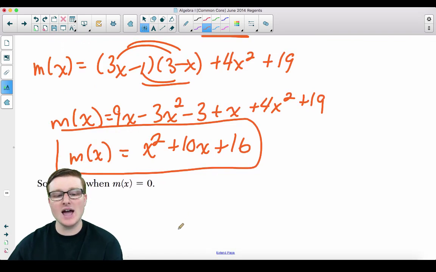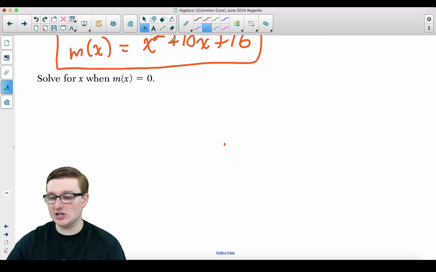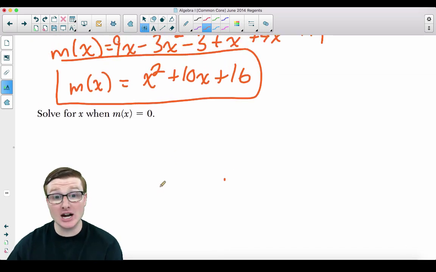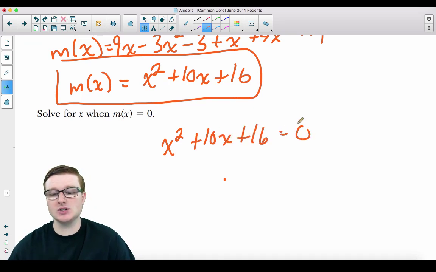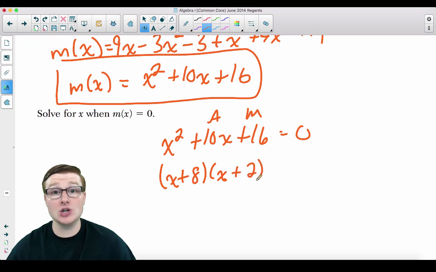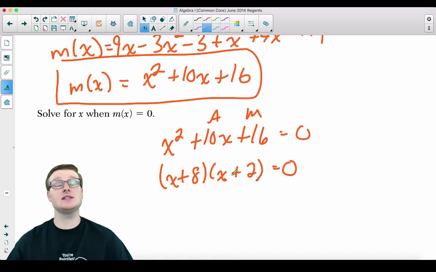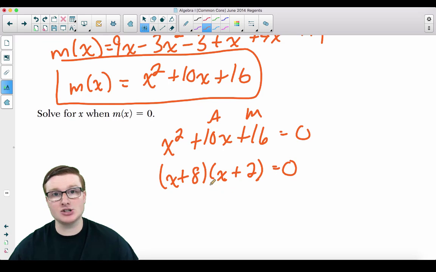Now it says solve for x when m of x equals 0. In other words, set this equation equal to 0, factor, and solve for x. So we have x squared plus 10x plus 16 equals 0. What adds to 10 and multiplies to give you 16? Those are the numbers in (x plus 8)(x plus 2) equals 0. 8 times 2 is 16, and 8 plus 2 is 10.